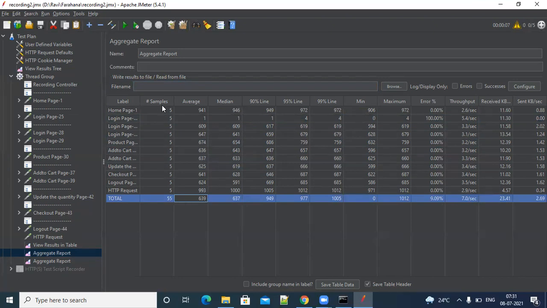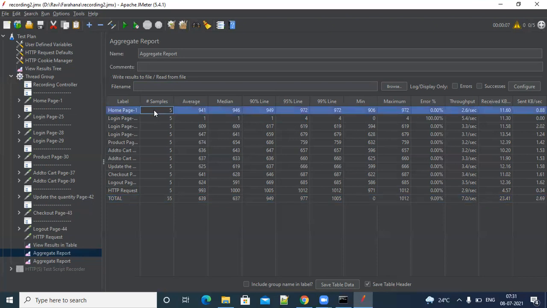Here it displays samples, which means each request has been loaded 5 times. That is the number of count. As we're running 5 users, it displays 5; if we run with 10, it displays 10. This is the number of APIs triggered by JMeter. Next one is the average.